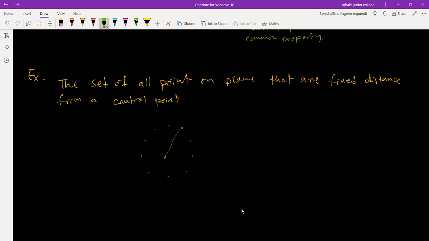The distance between these points is the same. All points are at the same distance. So suppose I am taking a set of points very closely.